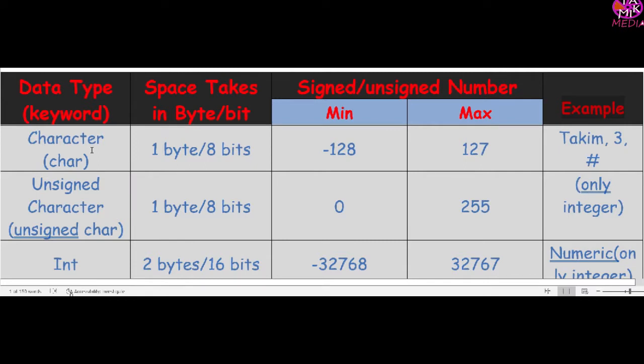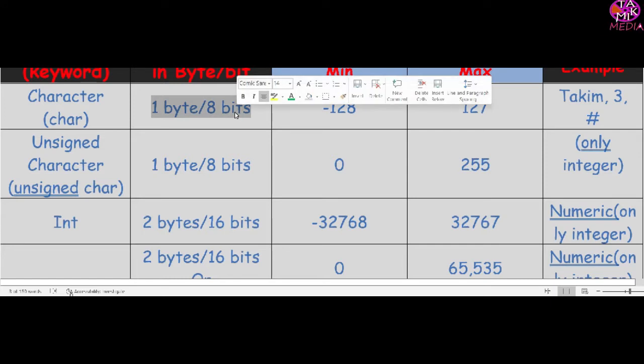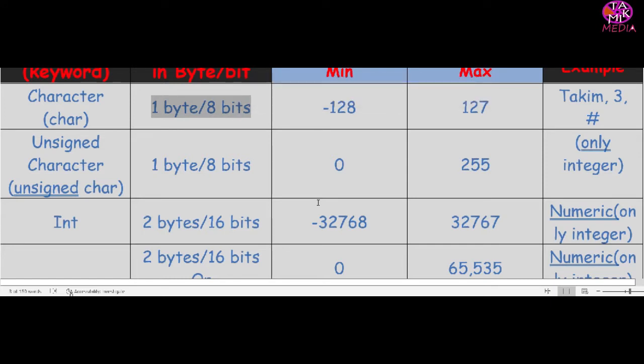So now I'm going to discuss the character data type. Its keyword is char, all small letters, and it takes 1 byte or 8 bits in the microcontroller, and the range is -128 to 127.